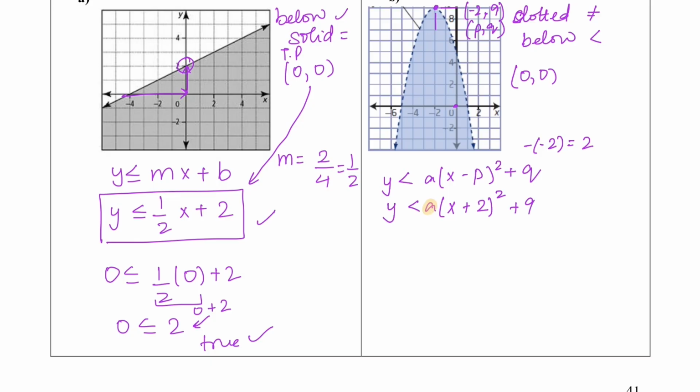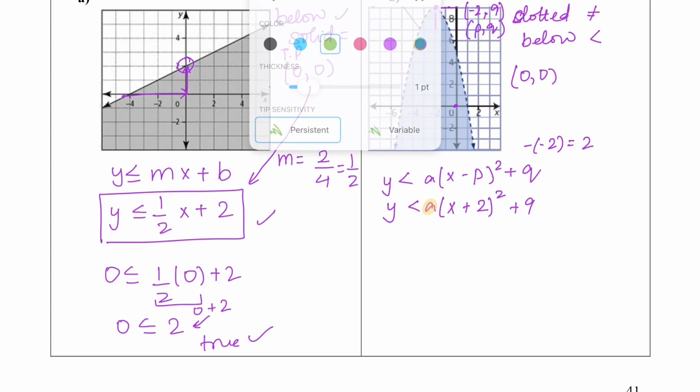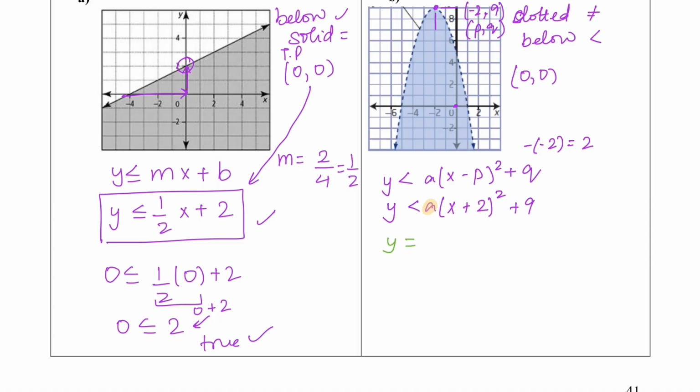Remember, quadratics does require you to find the a value. To find your a value, you'll make this equation like that. You will consider a point on the parabola. Let's take this.